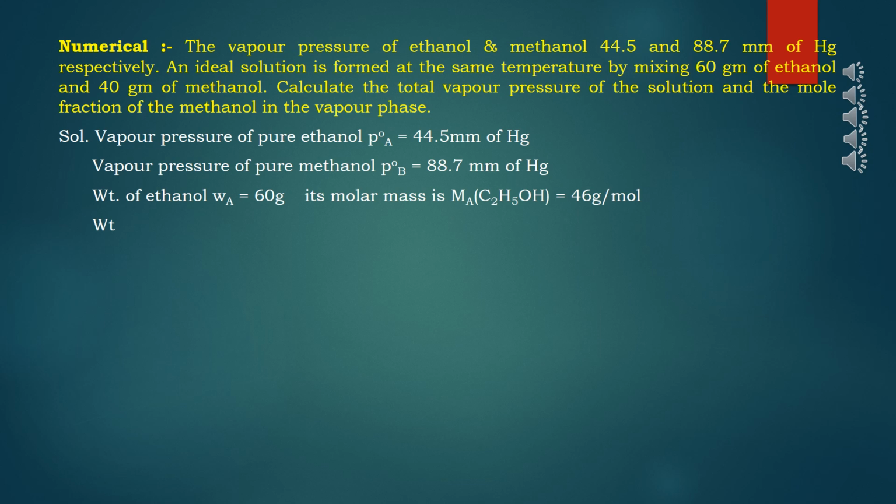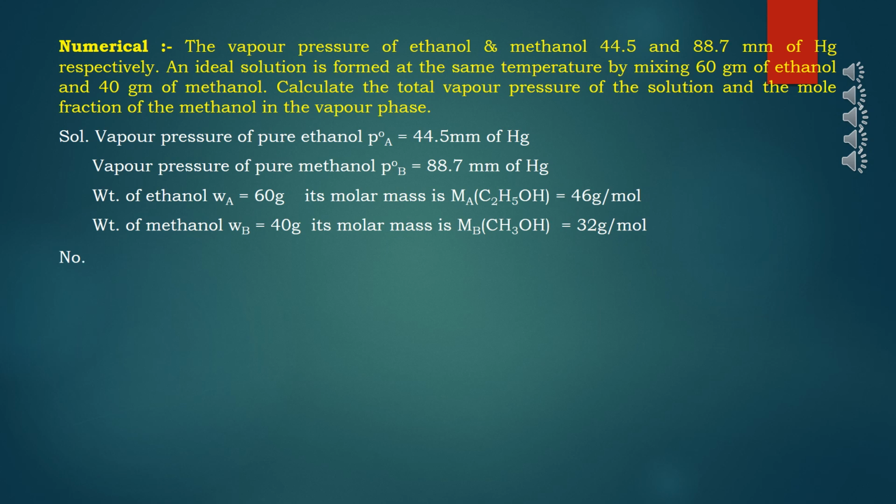The weight of methanol Wb is equal to 40 grams, and its molecular mass we can find by putting the values of respective carbon, hydrogen and oxygen. It comes out to be 32 gram per mole.